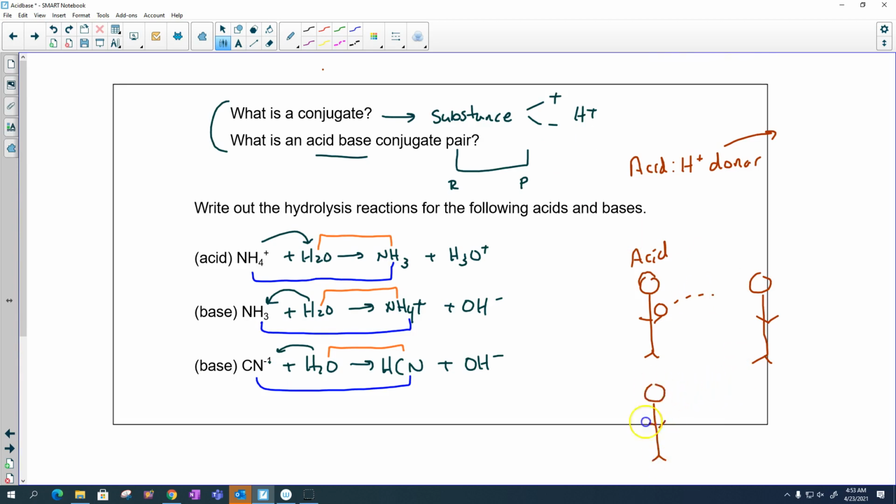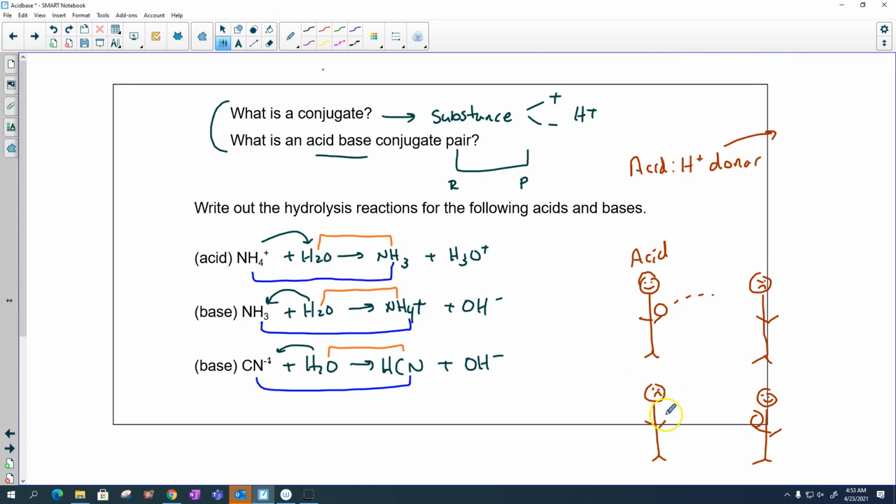Again, remember, a chemical reaction is just a before snapshot and an after snapshot. So now this person has the ball, and I don't. Am I still an acid?